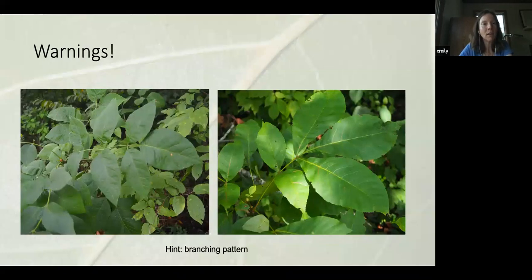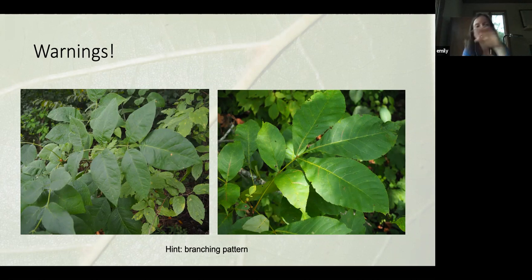Then I wanted to give you some words of warning, because there's a chance you might be out there trying to impress your friends, and we want to make sure you don't do a bad job. In this one, we have two different leaves that could easily be confused with one another. The hint here is you've got to remember the branching pattern.